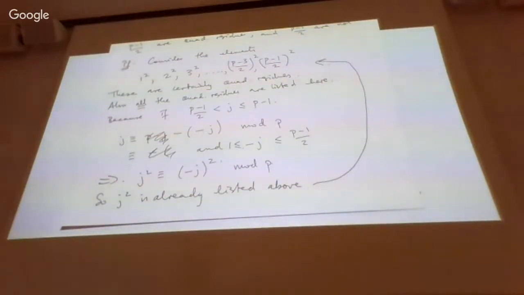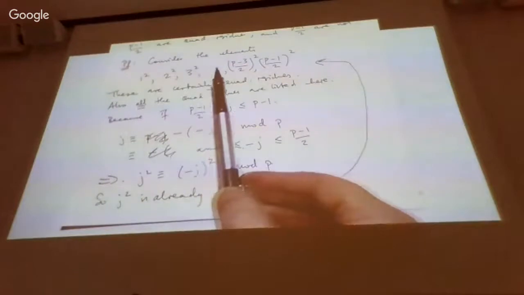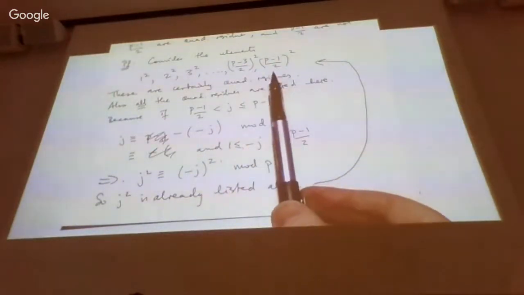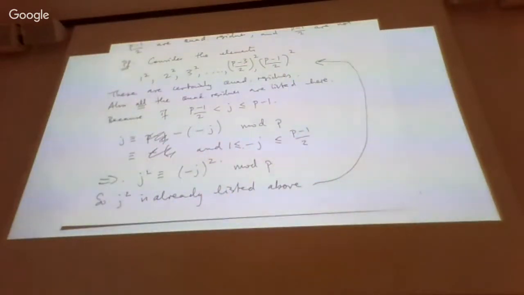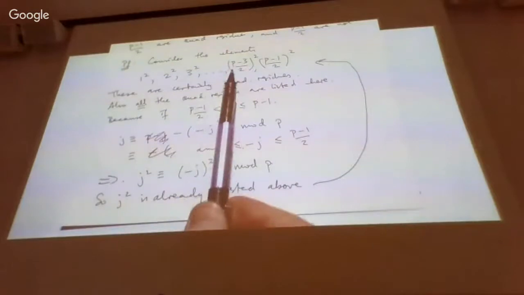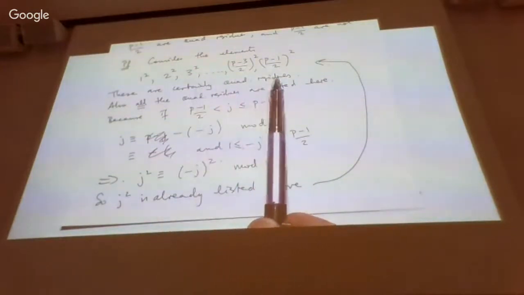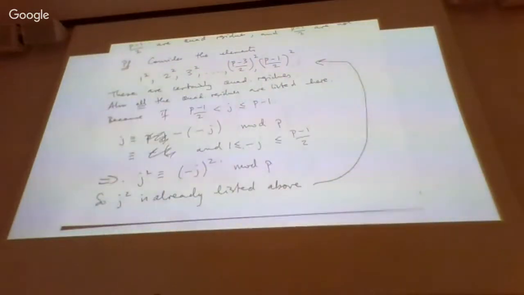But there's still one thing to prove, because the theorem says that there are P minus 1 over 2 residues. It certainly looks like that here, because when you count them, it's 1, 2, 3, as far as P minus 1 over 2. What we still have to worry about is, could any of these be duplicates? Are we sure all these congruence classes are distinct?